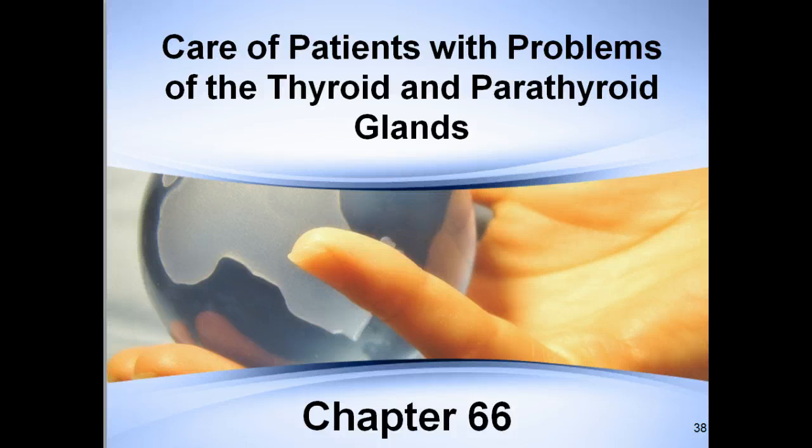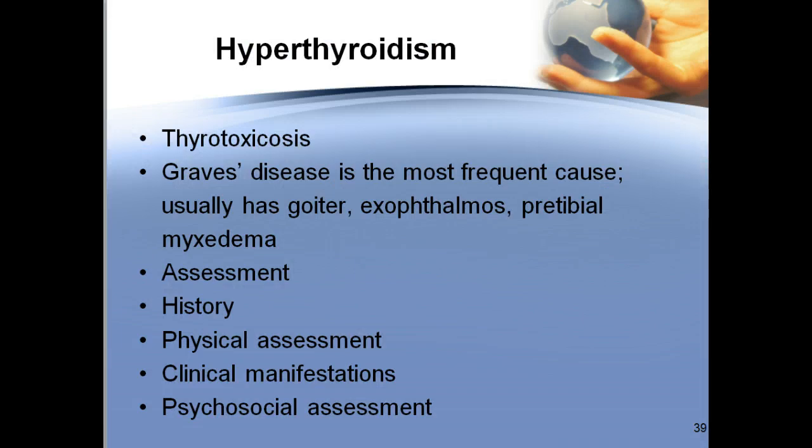You want to compare the clinical manifestations of hyper and hypothyroidism. Know about interpretation of laboratory data. Coordinate nursing care, identify teaching priorities, and compare the clinical manifestations of hyperparathyroidism and hypoparathyroidism. Hyperthyroidism is another word for thyrotoxicosis.